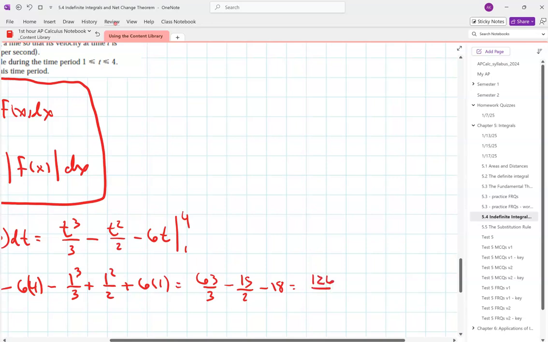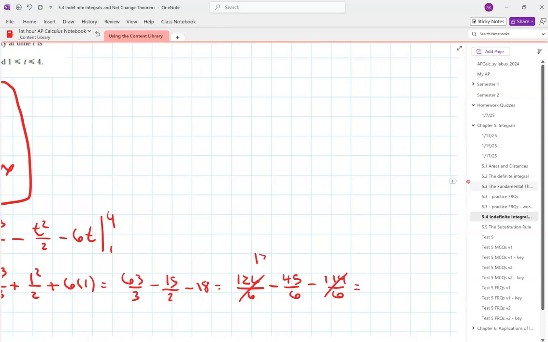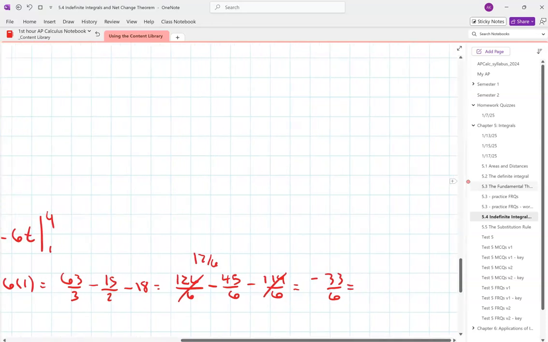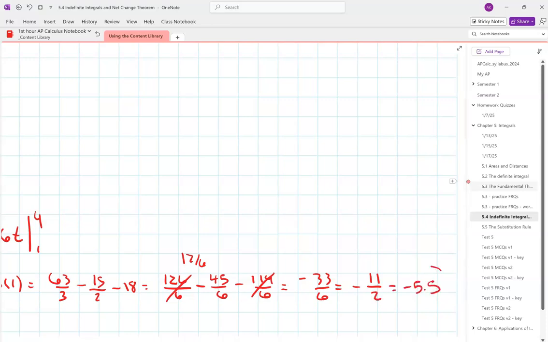So 126 over 6 minus 45 over 6 minus 114 over 6. So we have this guy and this guy leave us with 12 over 6. So that's going to be negative 33 over 6, which I guess reduces down to negative 11 over 2, or negative 5.5, I think.